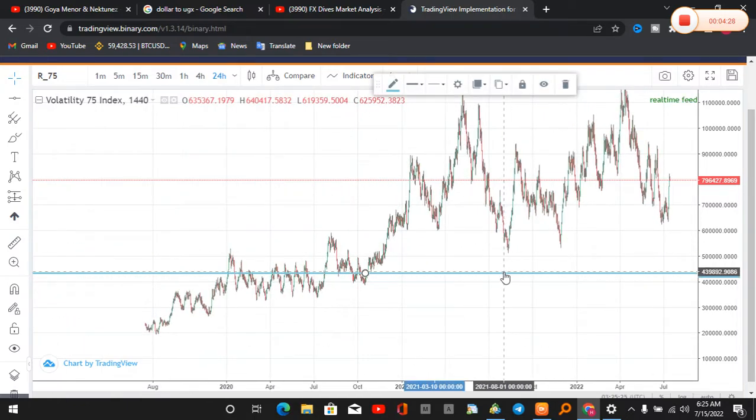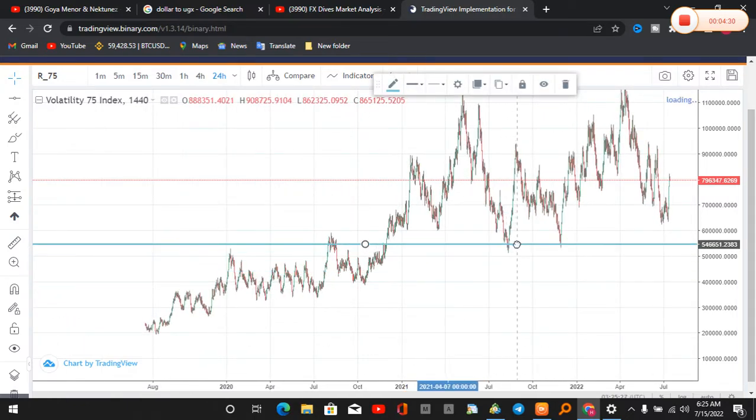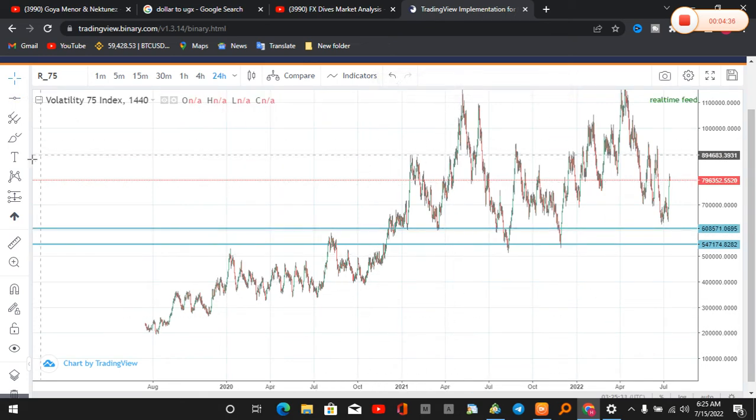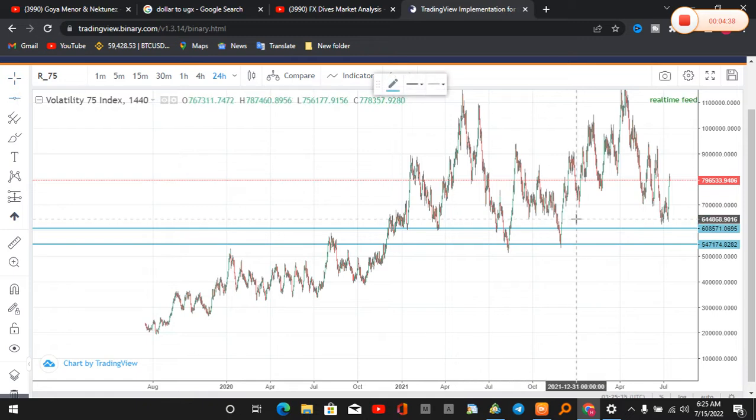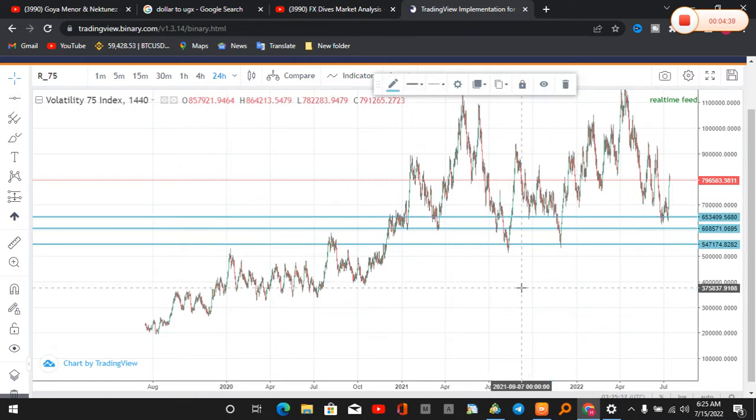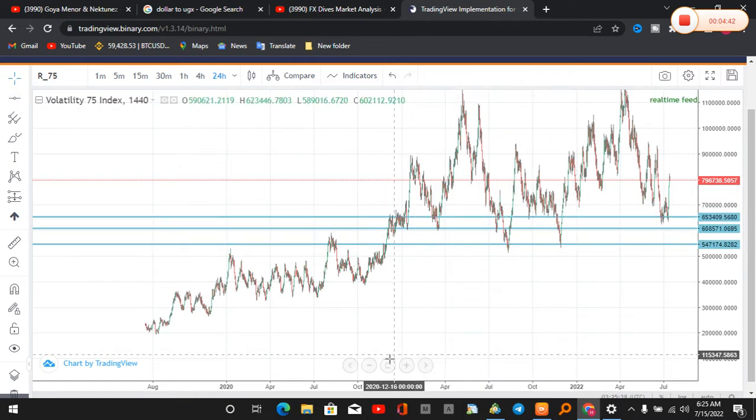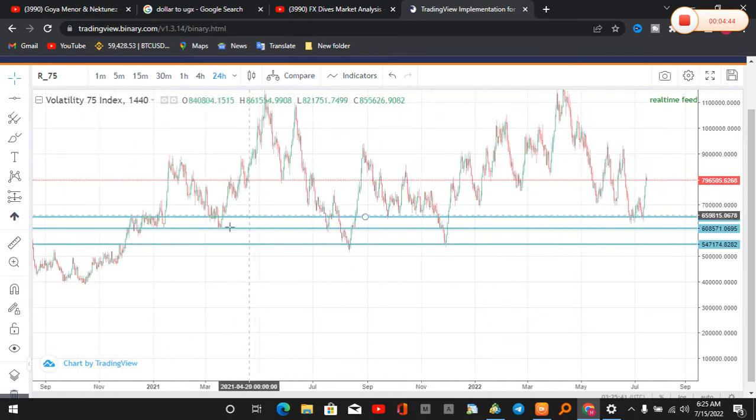So we have this support level. We also have this support level. We also have this. I think you can see I'm capturing all these levels which have been touched so many times, like retested so many times.